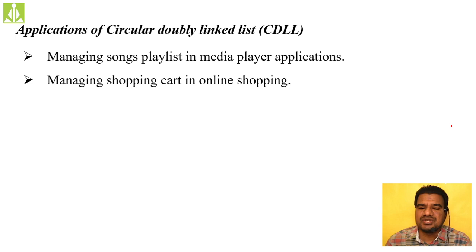So managing the songs playlist in a media player application is one of the applications of the circular doubly linked list, where all the songs are connected to each other, and once you complete the last song, there is a possibility of going back to the first song and playing it.